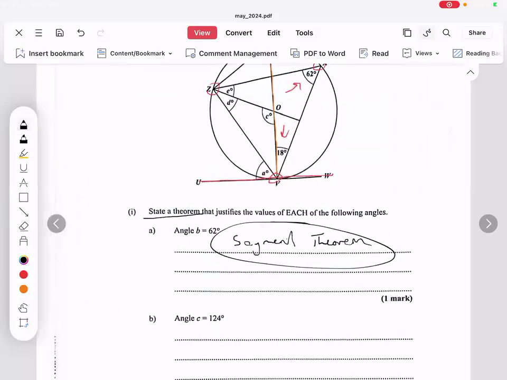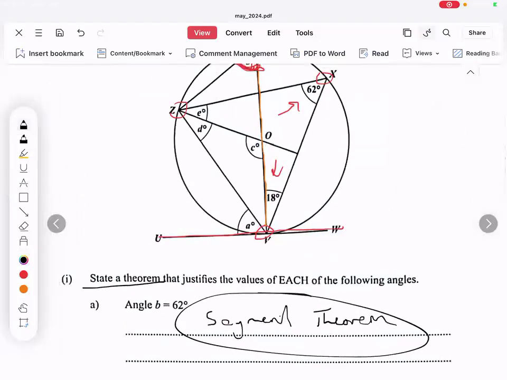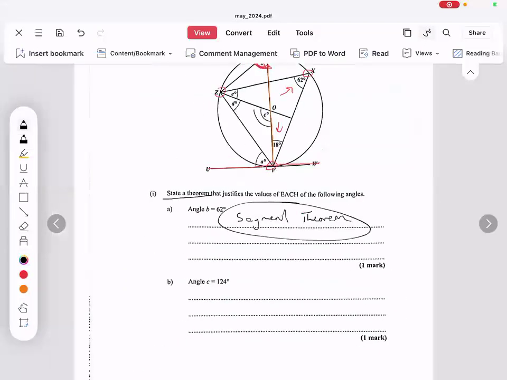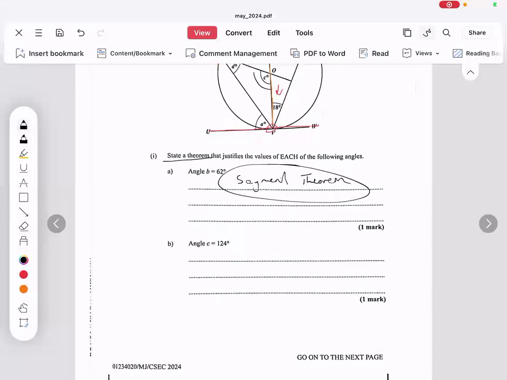And why do you think angle C is 124? You also learned that one last week. Why do you think angle C would be 124? Because it's 2 times the angle at the circumference. Very good. Yeah, but what is the name that I gave to you to call it?